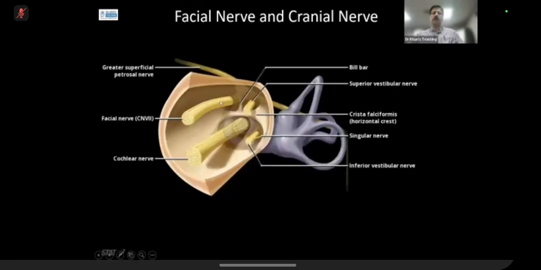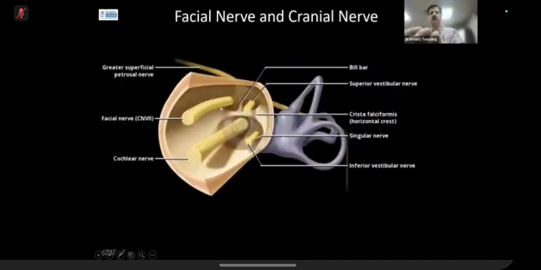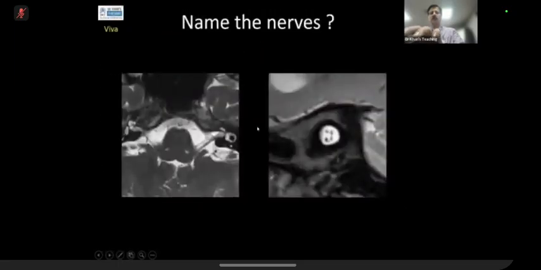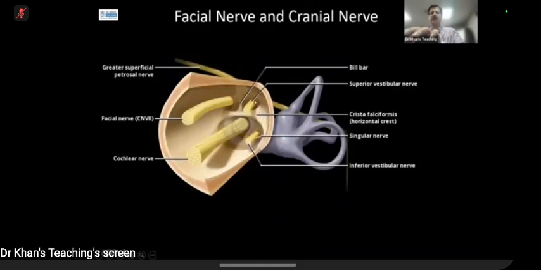There are 4 nerves. Anterior superior quadrant is the facial nerve, common sense, because it is at a higher level. So this is the facial nerve. Anterior inferior quadrant is the cochlear nerve. It comes out from the cochlea. Then there are the superior and inferior vestibular nerves. These will join together.